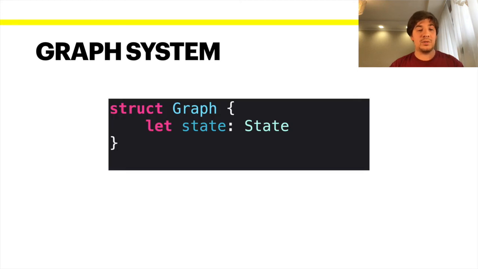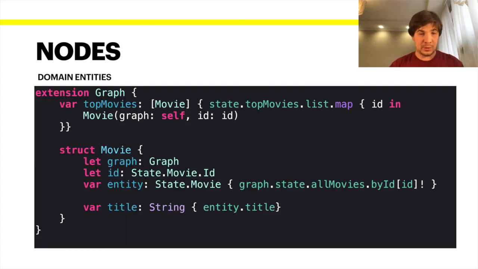On the implementation level, a graph is dumb simple. It's just a single structure with a single property which will contain state, and inside this graph we have nodes. Nodes on a graph are our domain entities.